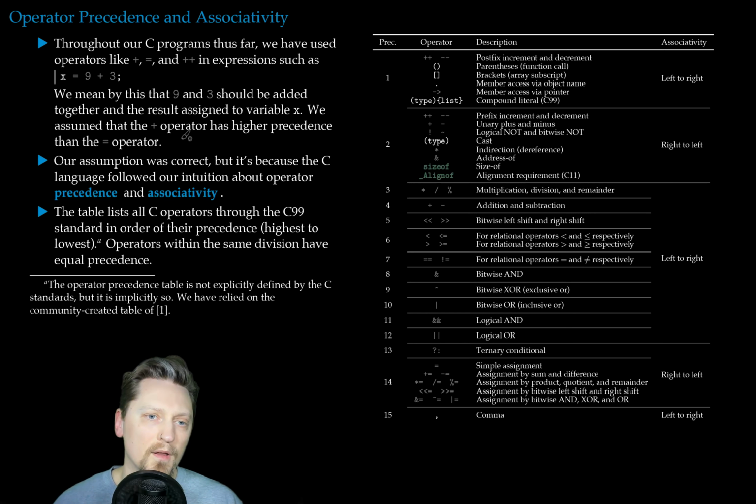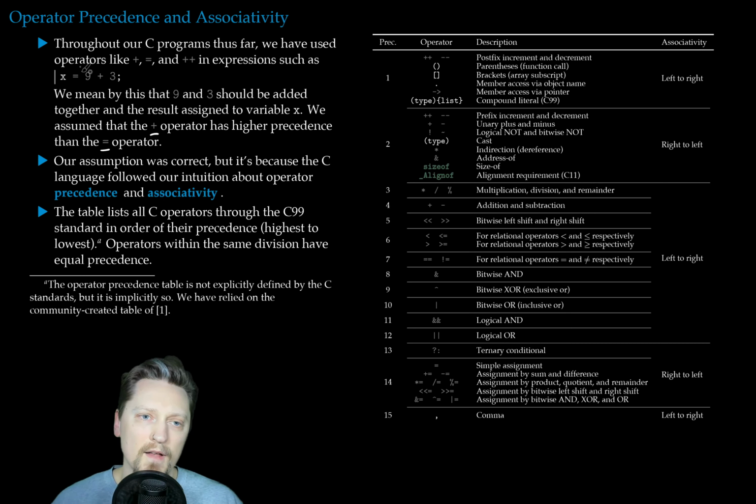We assumed that the plus operator has higher precedence than the equals operator, the assignment operator. Our assumption was correct, but it's because the C language followed our intuition about operator precedence and associativity.